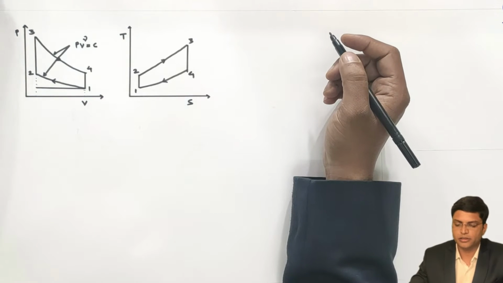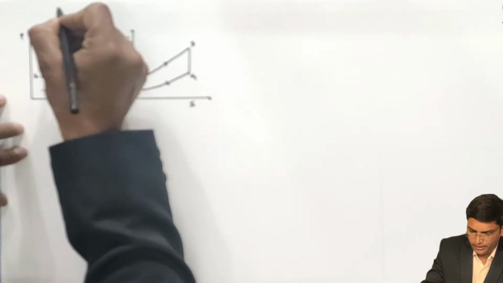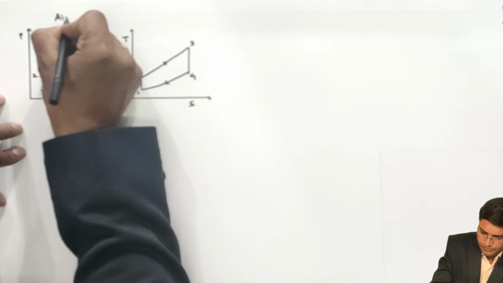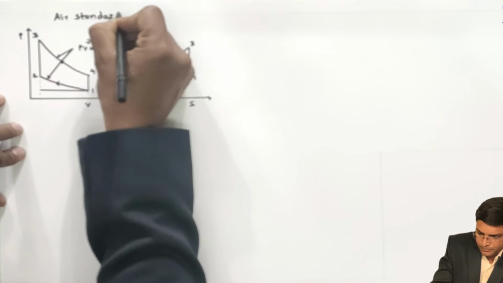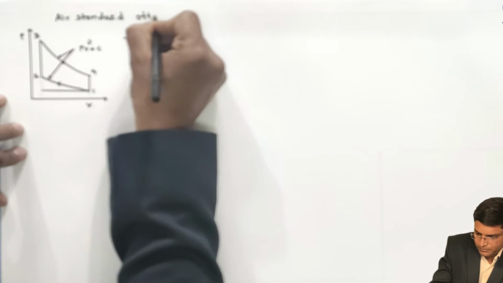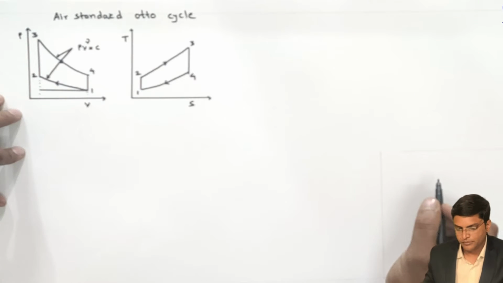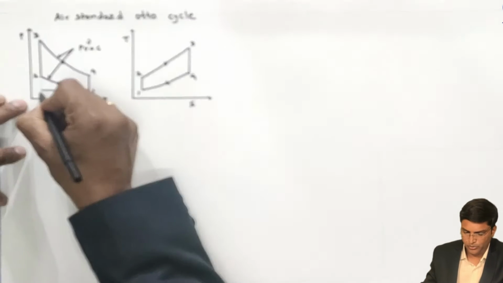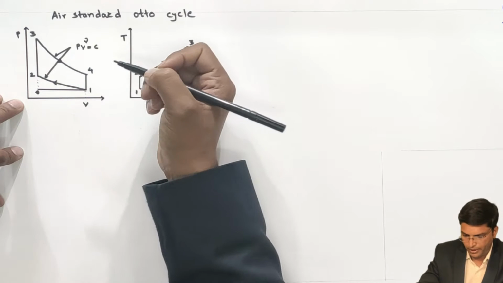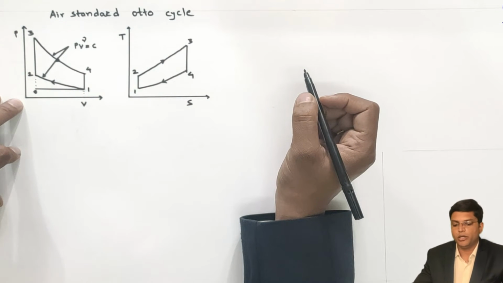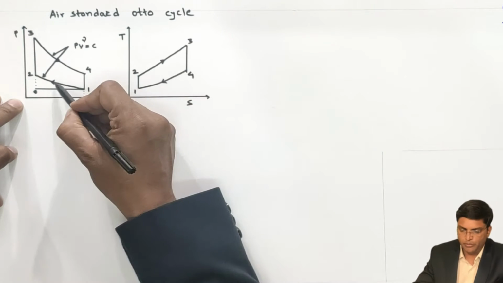Now in this figure, this is the PV and TS diagram for a standard Otto cycle. In the PV diagram, there are processes 0 to 1, 1 to 2, 2 to 3, 3 to 4 and 4 to 1, from which 1 to 2 is a compression process and 3 to 4 is the expansion process.